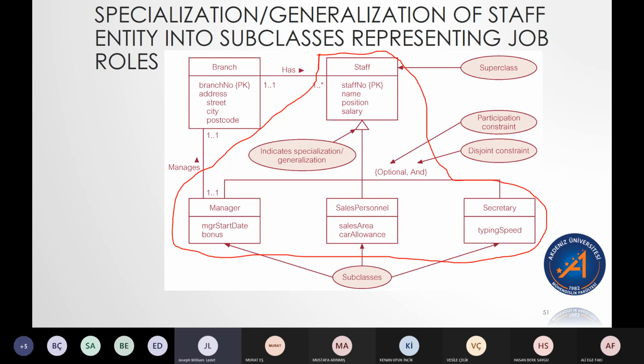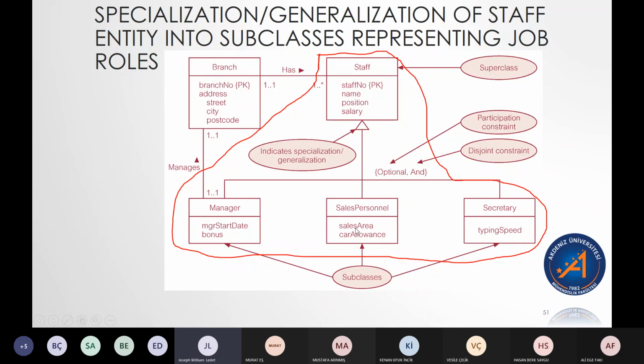An object, right? So an instance can be just a staff person. Okay. The and here is telling me that I can be more than one of these things. I could be a manager and a sales personnel. I could be a manager and a secretary. I could be a sales personnel and a secretary. I could be all three.